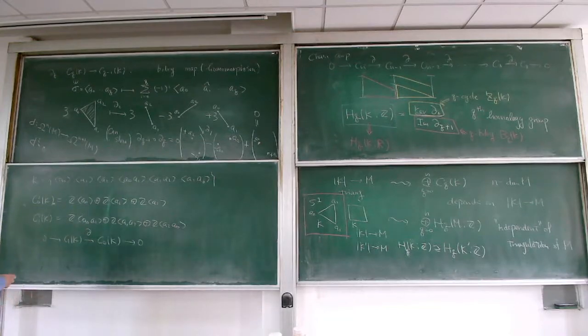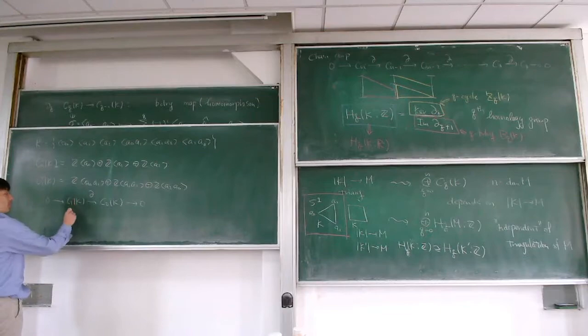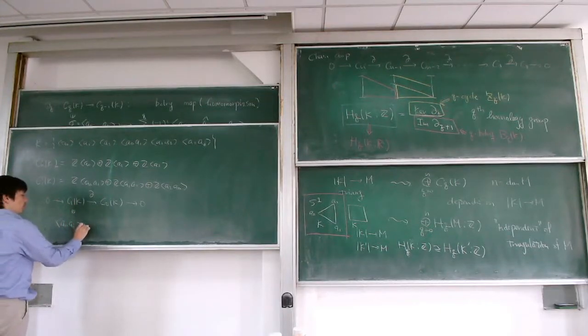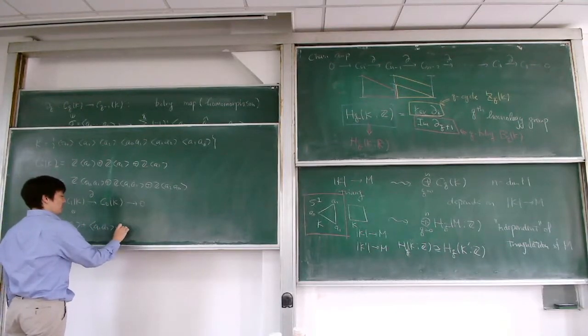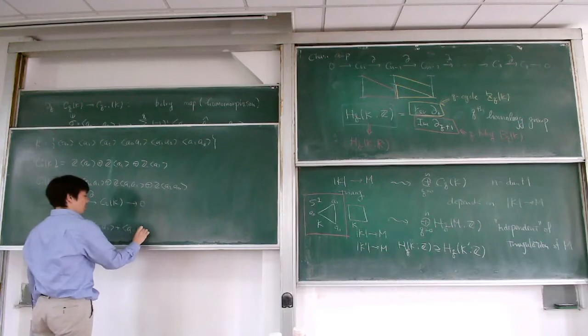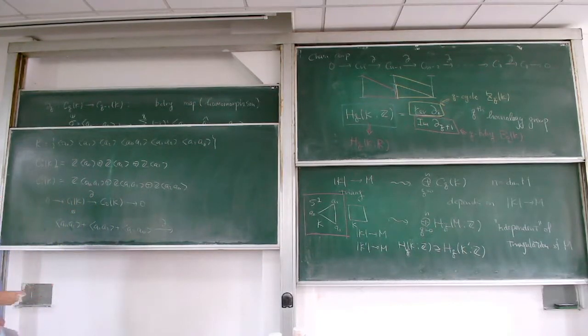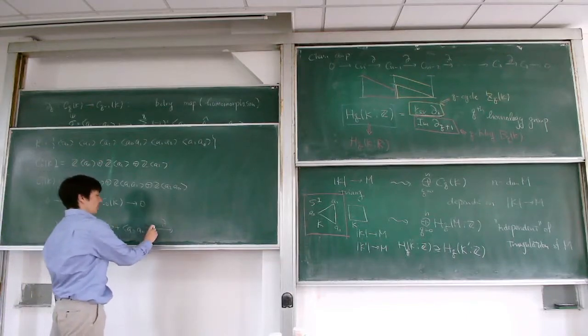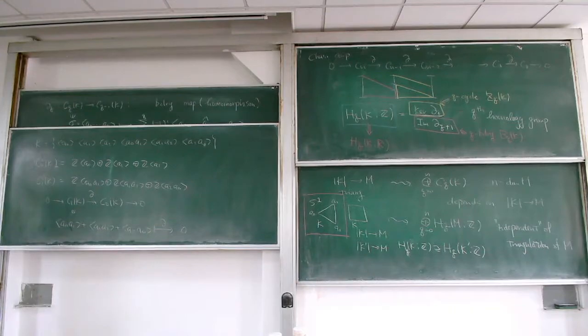If you consider the element A0A1 plus A1A2 plus A2A0, under the boundary map this becomes 0. We already saw that.